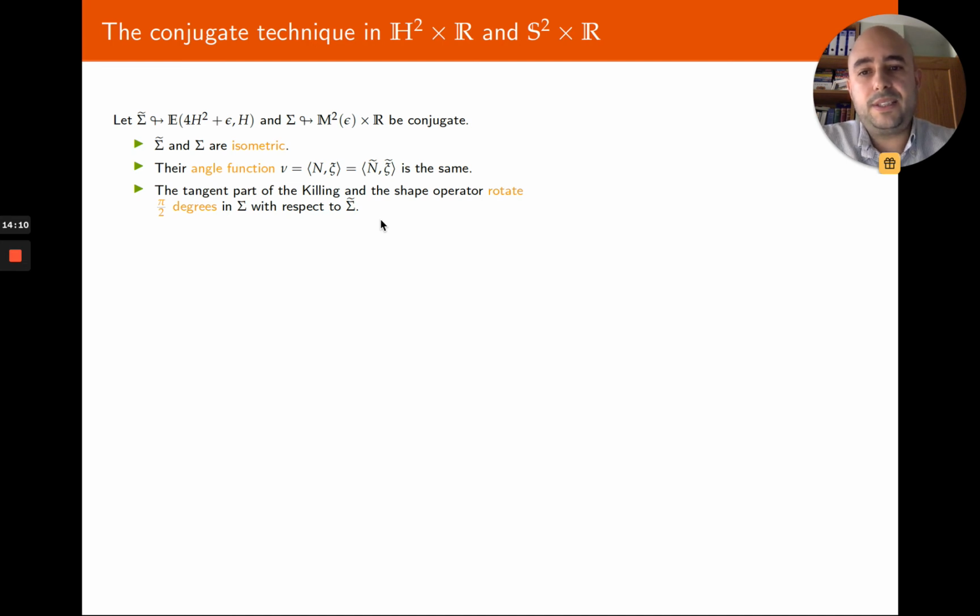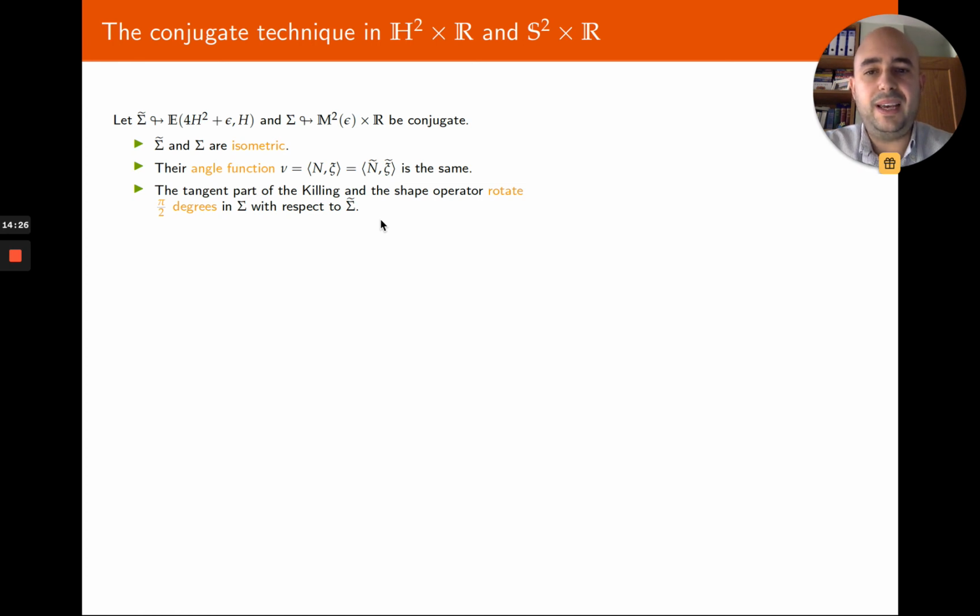Well, this is to say that the geometry is somehow rotated, and it is also equivalent to say that vertical things become horizontal and horizontal things become vertical.